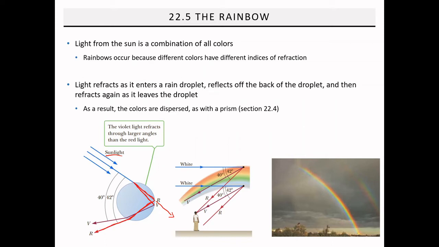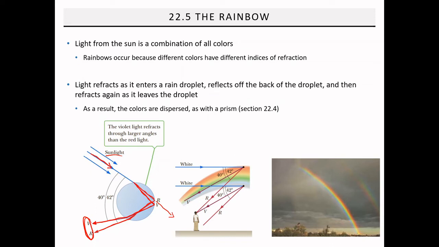Okay, so then you also have the violet doing this. It reflects off the back, and then it refracts again into the air. The combined effect of this reflection and refraction is that the sunlight that comes from the left of this figure reflects back toward the left, and it's separated into the different colors of the rainbow.